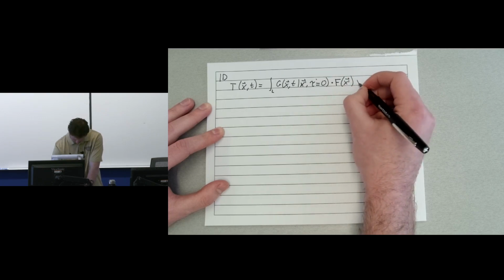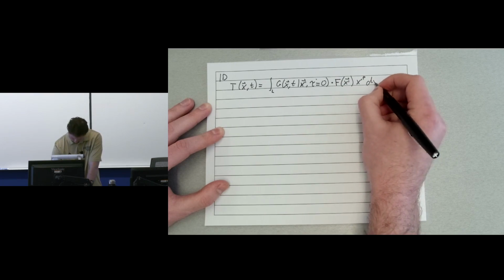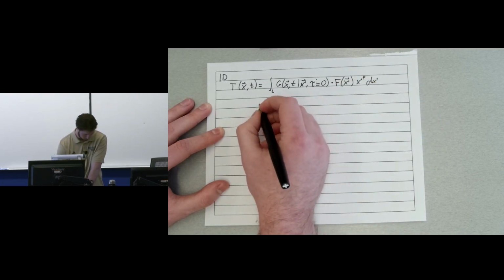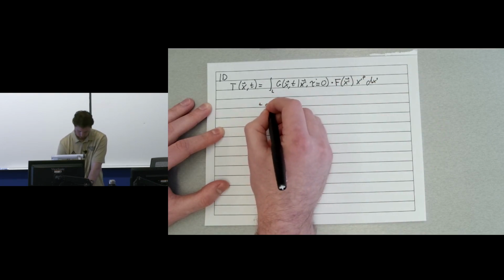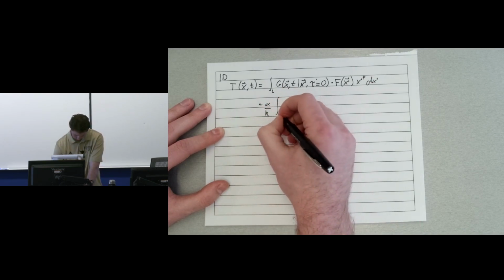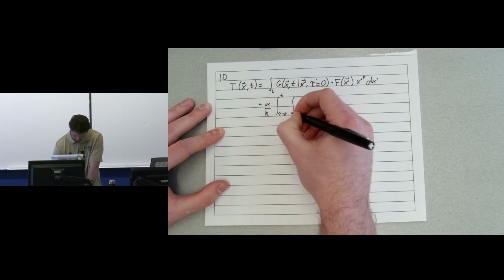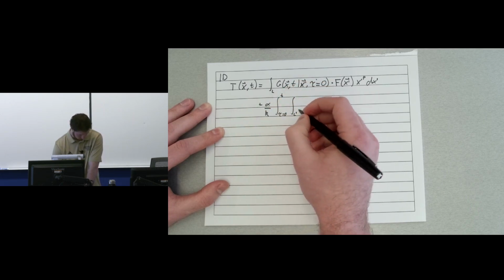And we're going to add in this little x prime p dx prime, and I'll define that in just a second. And then we'll give our generation term from tau equals 0 to time.